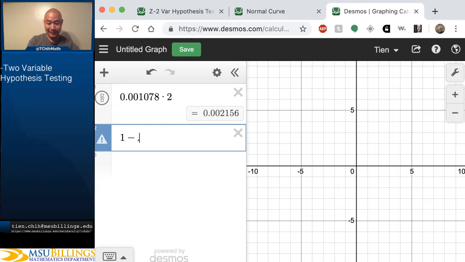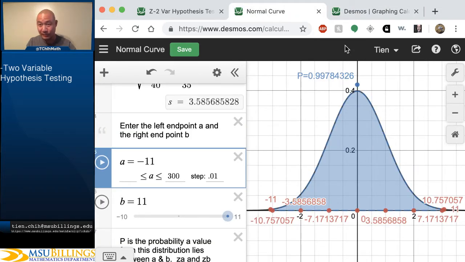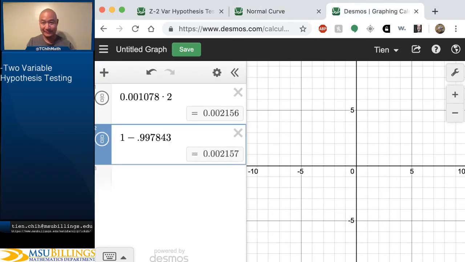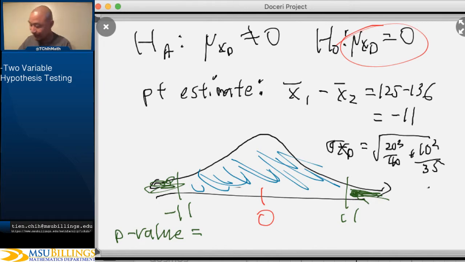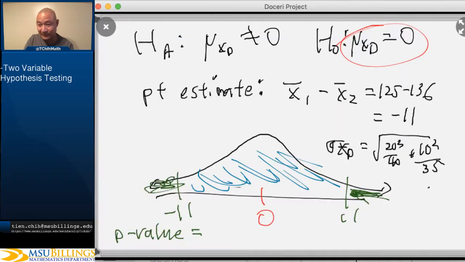So 1 minus 0.99784 is 0.00216, pretty much the same thing. So my p-value is 0.002156.